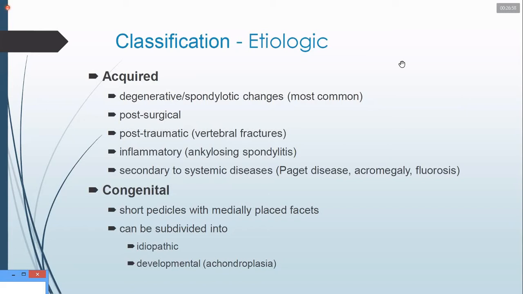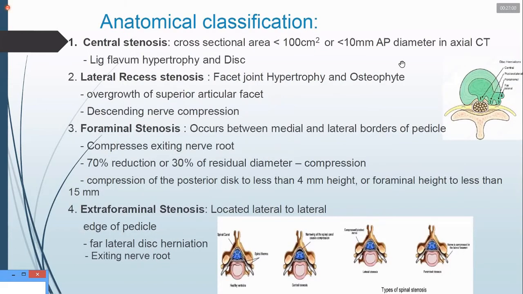Broadly, lumbar canal stenosis has been sub-classified into 4 different types. It can be central, when the canal stenosis is at the central level in the midsagittal plane, that is central canal stenosis.